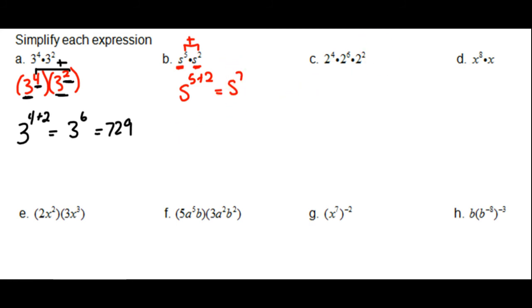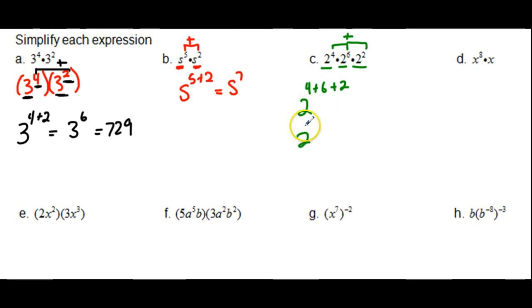It's just a variable raised to the 7th. You're good. Next question. We have 2 raised to the 4th times 2 raised to the 6th times 2 raised to the 2nd. All same bases, 2, 2, 2, so we're good to go. We're going to take each one of these exponents and add them. So 2 is our base, and we do 4 plus 6 plus 2. That gives you 2 to the 12.